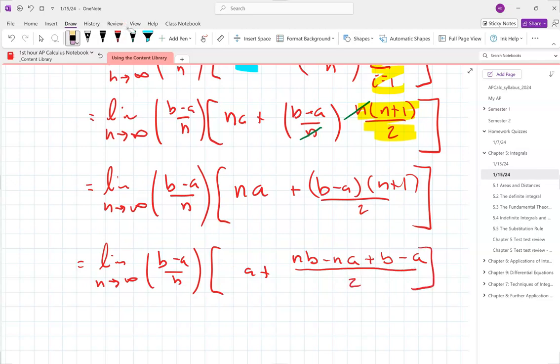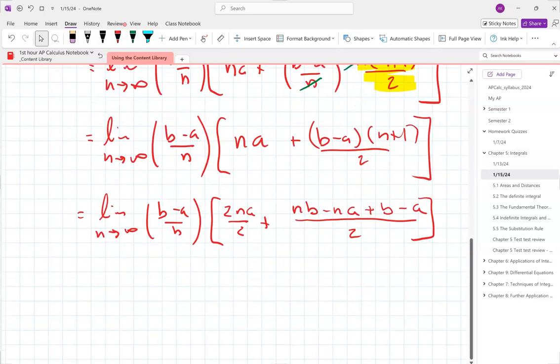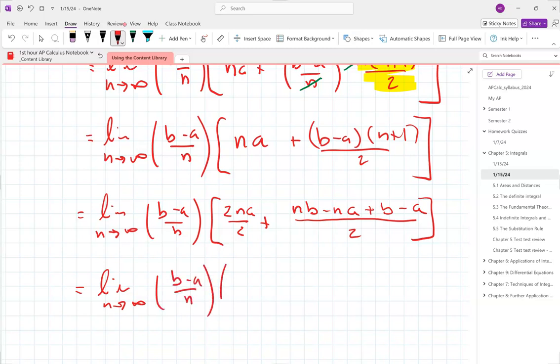So just FOIL that out, and actually I'm going to do that and make a common denominator. So when I add that in, I end up with nb plus na plus b minus a all over 2.